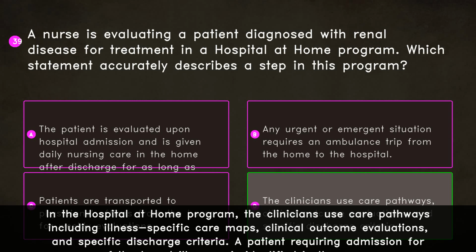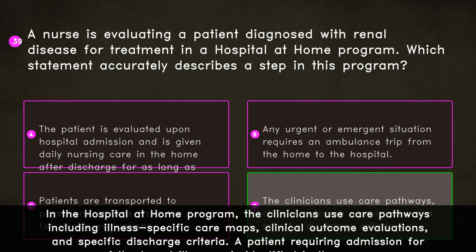In the hospital-at-home program, the clinicians use care pathways including illness-specific care maps, clinical outcome evaluations, and specific discharge criteria. A patient requiring admission for one of the target illnesses is identified in the emergency department or ambulatory site. Staff assess whether the patient is a good candidate for the program using validated criteria.